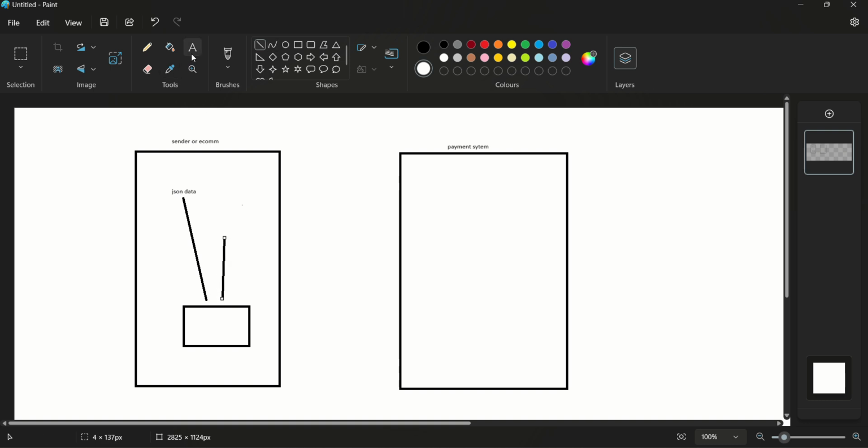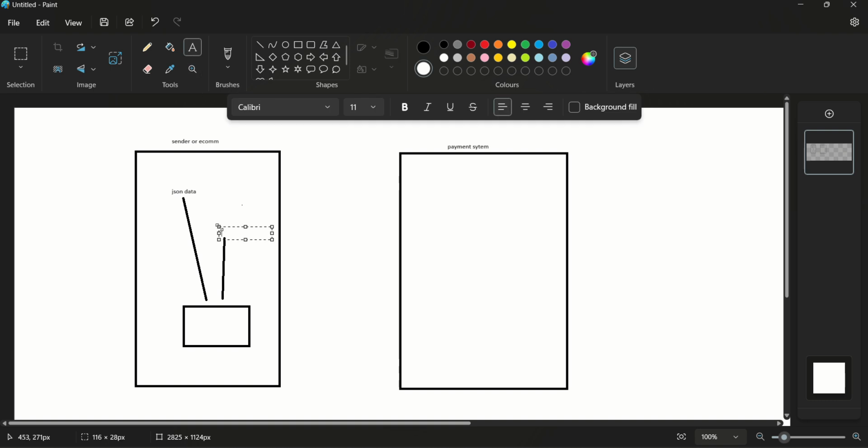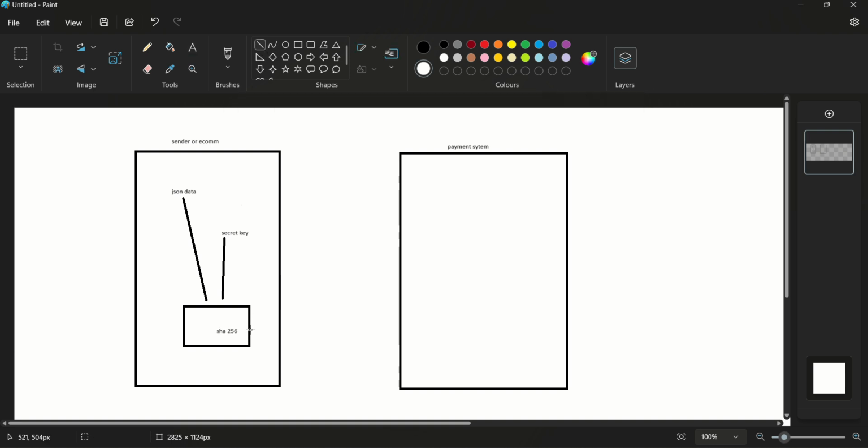I provide the data as well as the secret key. This SHA-256 algo combination gives the HMAC signature. So I can send the HMAC signature as well as the JSON data.